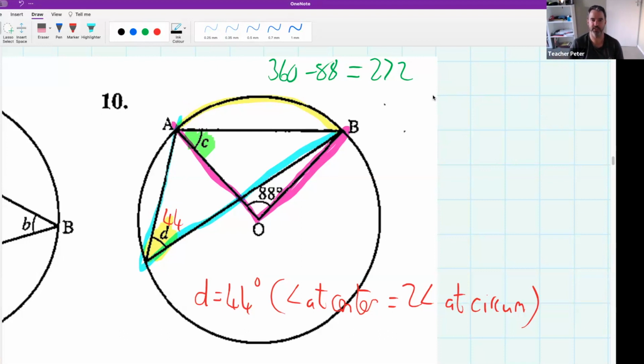So what is special about the two pink lines? Sange, you are quite correct. These are radii, and so these two must be equal in length. Perhaps that can help us. Sange, can you give us a tip or point us in the right direction? How could that help us find C?